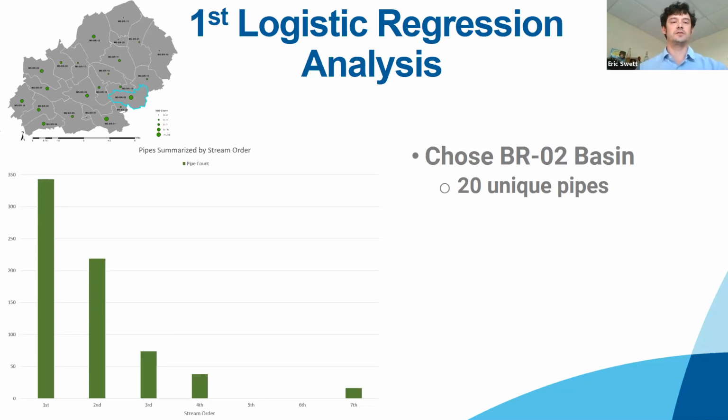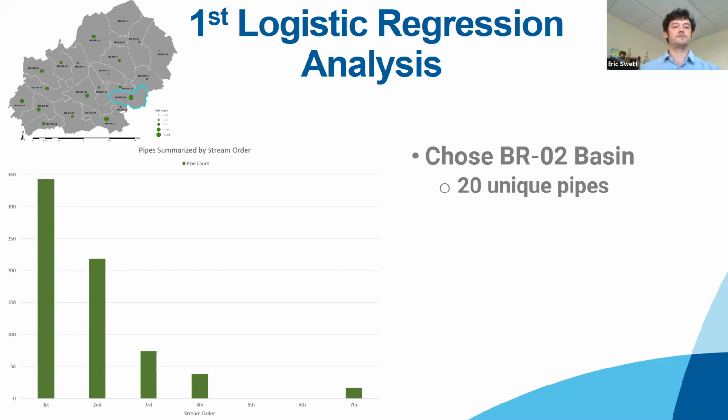And briefly to describe, we divide up our sewer shed into smaller basins, and we monitor those with sewer flow meters to gauge and measure the amount of flow we receive. So in this particular Beaver Ruin basin, we have approximately 21 minor sewer basins. It's fairly small, but here you can see the results of the stream ordering.